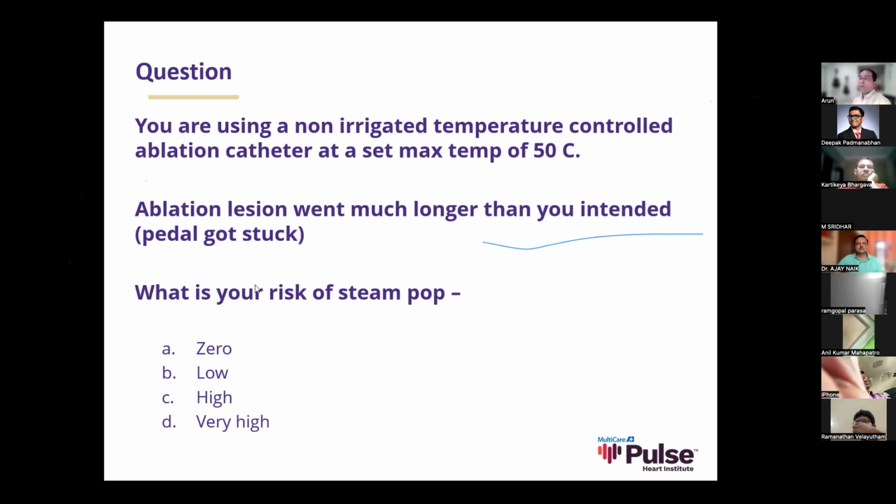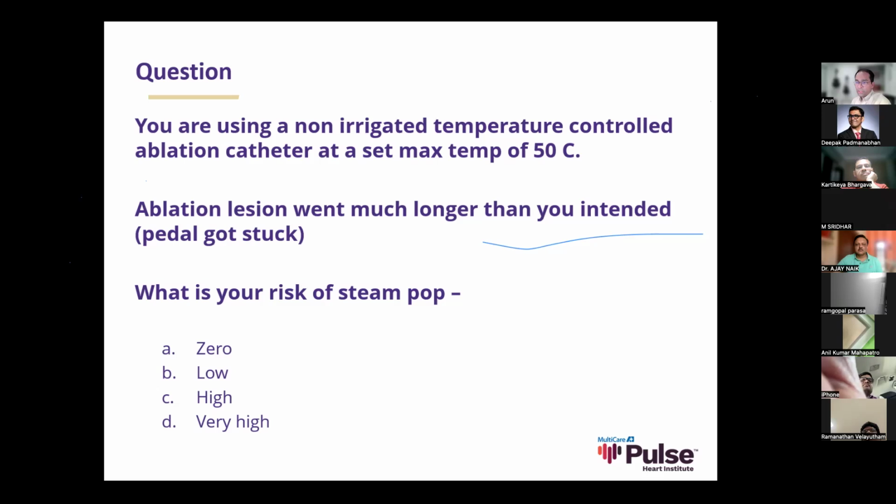I use non-irrigated ablation catheters all the time for AV and RT ablation. That is my basic catheter for AVNRT ablations. I set my maximum temperature at 50 and my maximum wattage at 40. If I see that I'm hitting the higher temperature too often, I just drop my wattage and deliver it more slowly, allowing the blood pool to cool the tissue interface, and that allows me to deliver more joules inside the tissue.